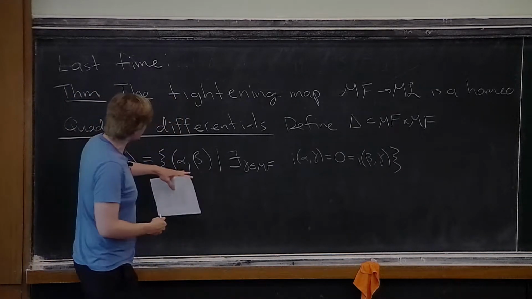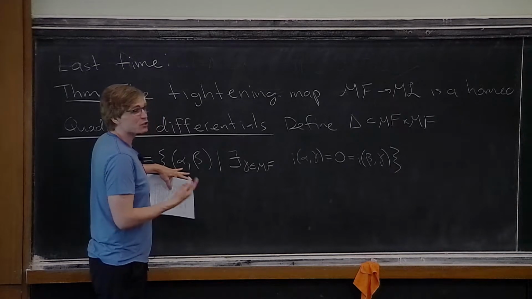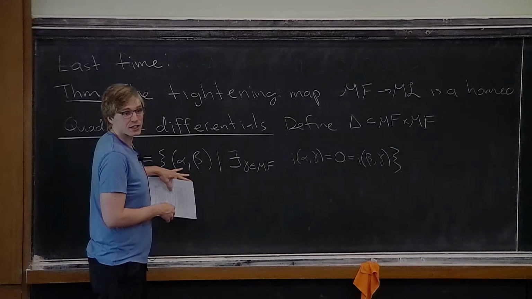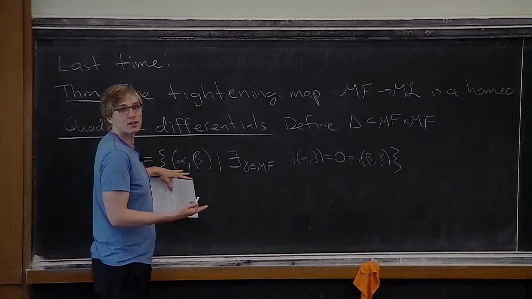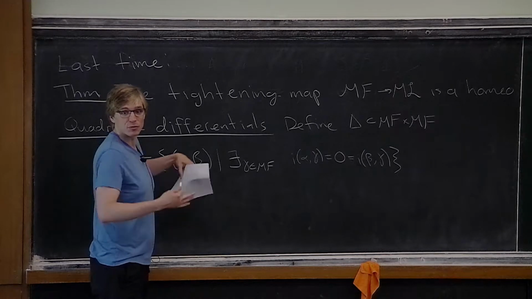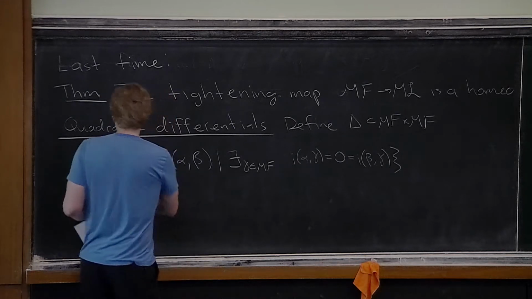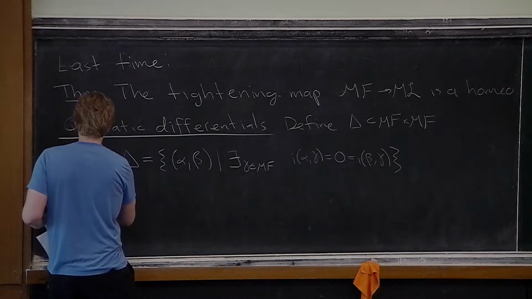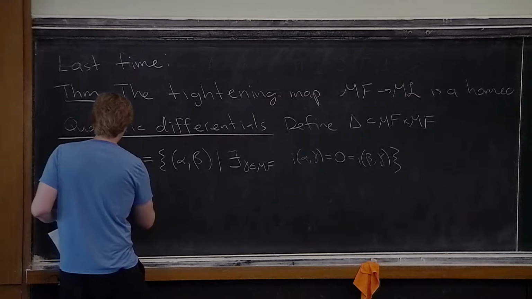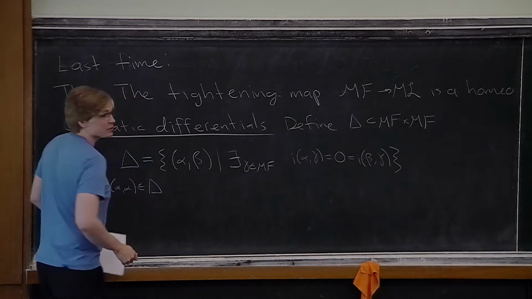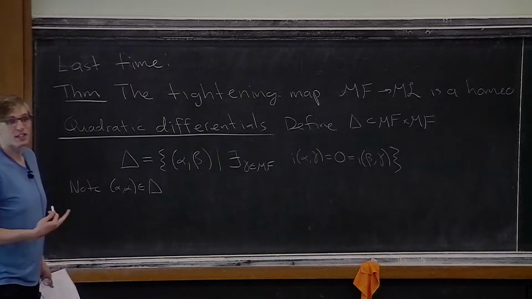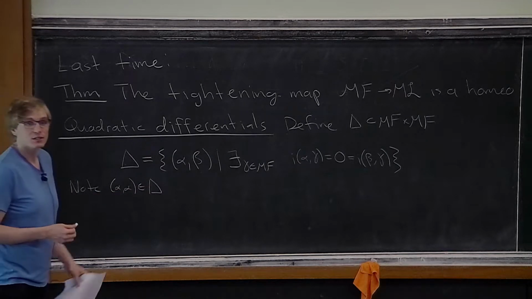No foliation fills on its own because it doesn't intersect itself. Okay? The intersection number of every measured foliation with itself is 0 because everything is aligned. There's no intersection at all. So note alpha is in delta for all alpha. So you can think of this as a sort of fat diagonal.